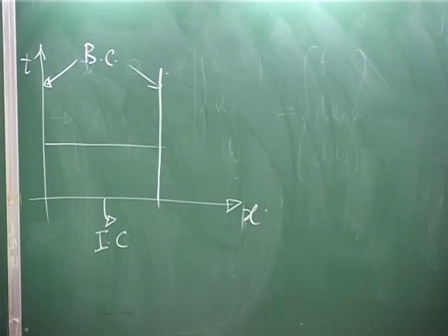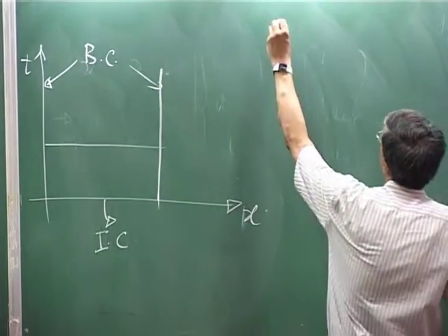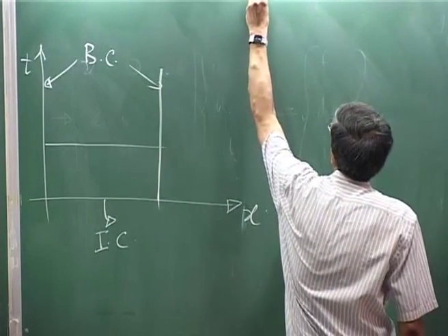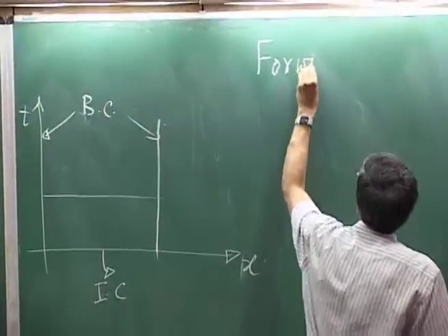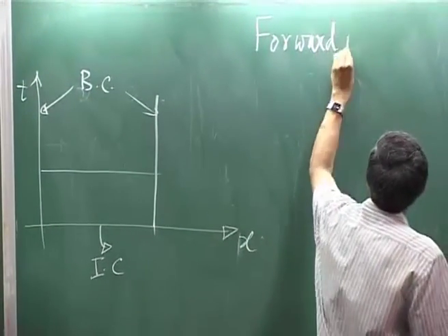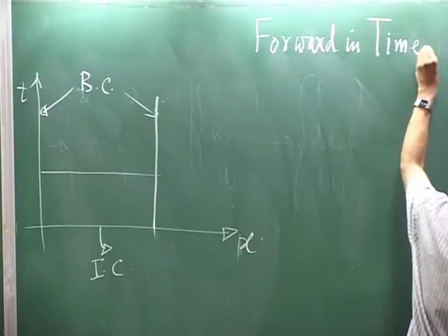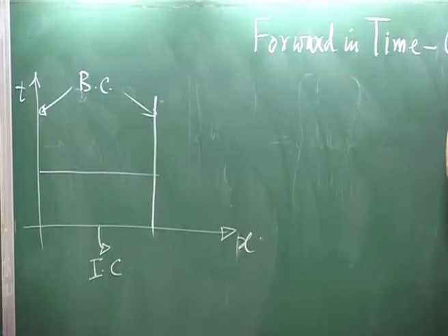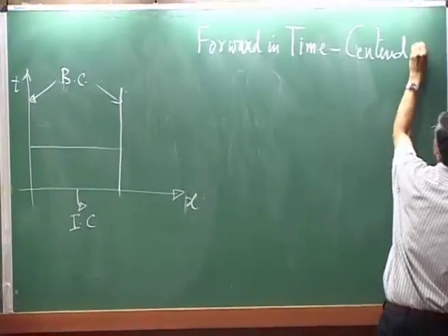Okay. Now, if we are going to compute this equation, how do we do it? Let me tell you, solving the heat equation, one of the earliest successful attempts was by what is called forward in time, centered in space.